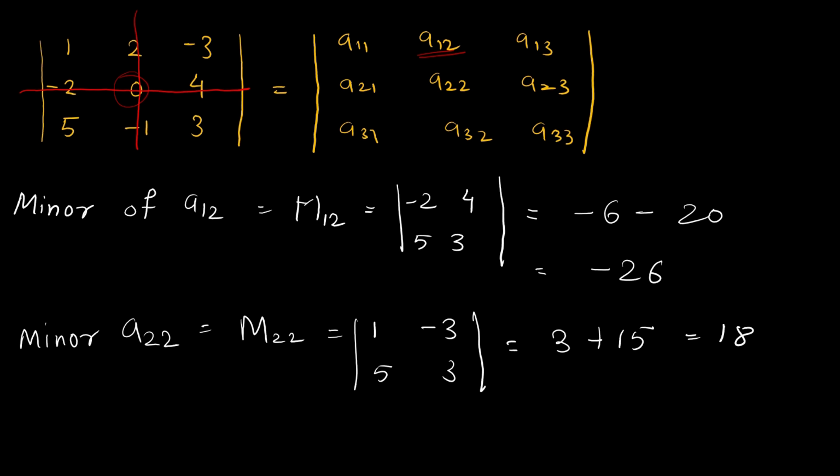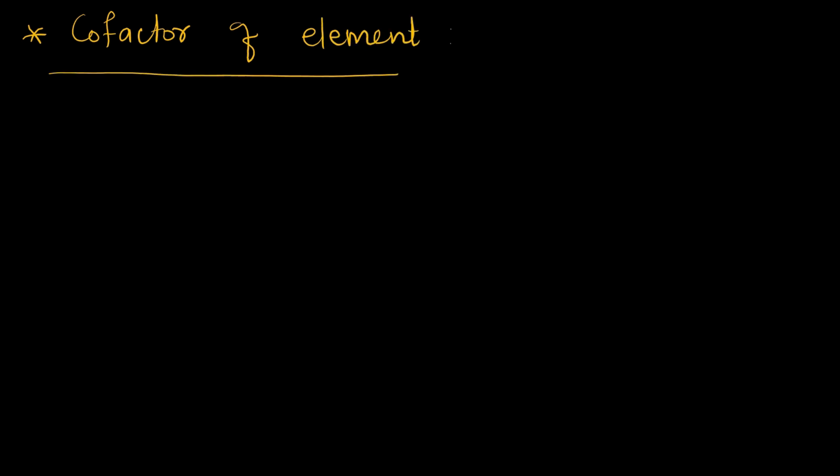Now let's talk about what a cofactor is. To find a cofactor, you will need the minor. You have seen how to find the minor of an element. Now, cofactor, let's denote it by Cij, that means the cofactor of the ith row, jth column element.